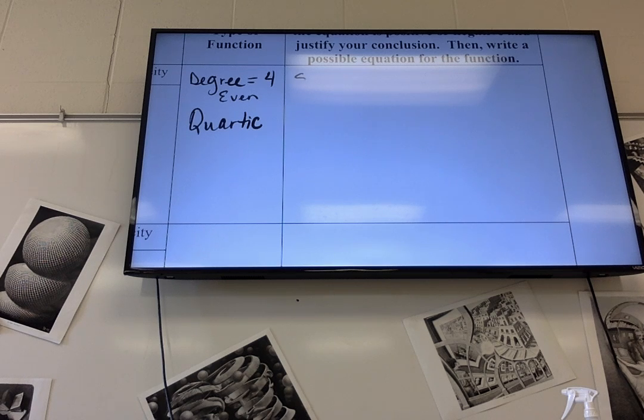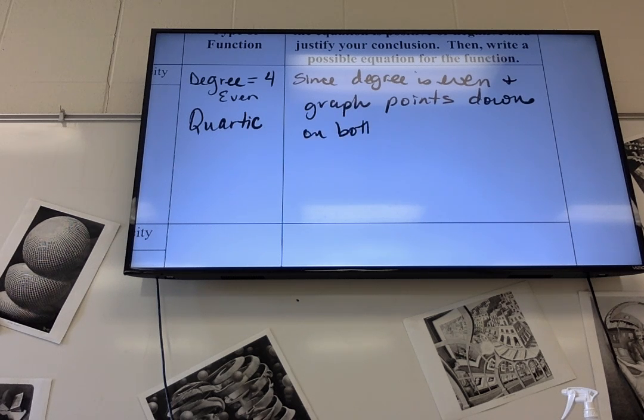So, we can say, since the degree is even and the graph points down on both sides, the leading coefficient, which I'm just going to put LC, is negative.